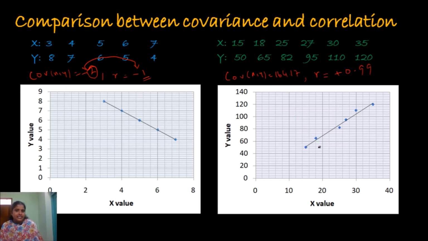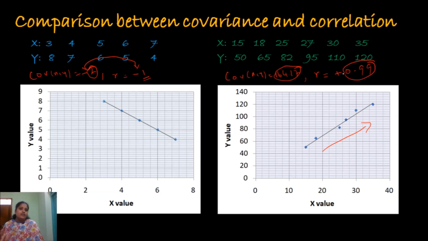And also look here, both of them have a positive sign. That means there exists a positive relationship between the two variables. Based on the covariance value, we didn't get any information about the strength of the relationship, that is how closely the two variables are related to each other. But based on the correlation coefficient value, we get 0.99.